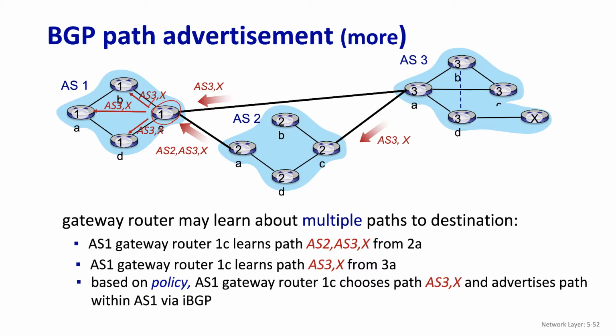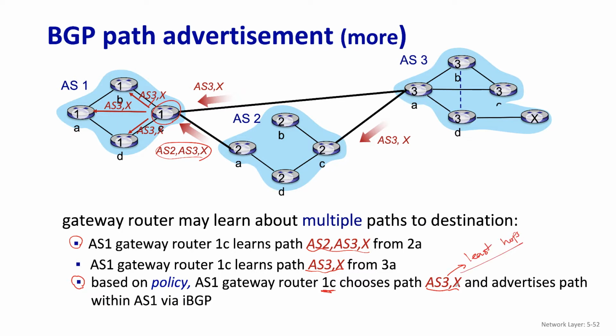So for this example here, autonomous system 1 gets this path from 1C, right? This is the one. And from 3A, it got AS3 and X. Based on the policy, as we mentioned before, 1C shows this path. Maybe in the policy we are saying the least hops, for example.